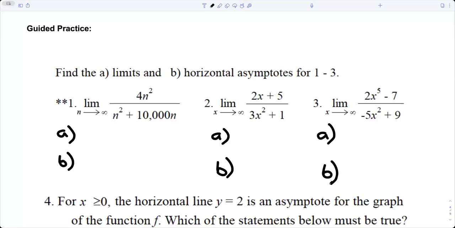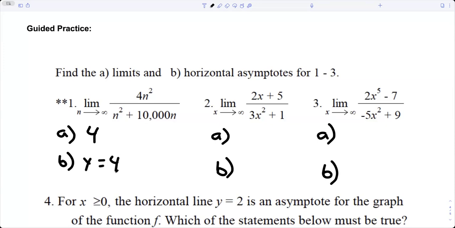Okay, here we go. Tell me the value of the limit, please. And the horizontal asymptote. Equals 4.